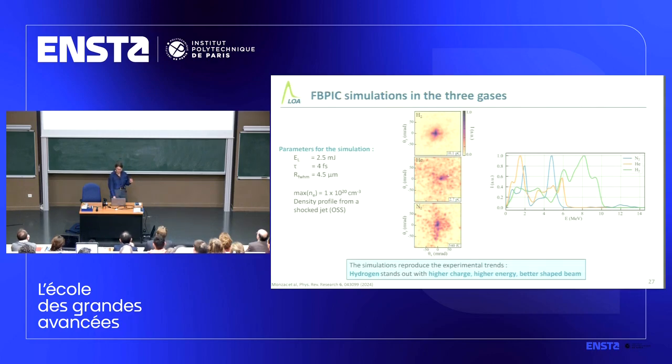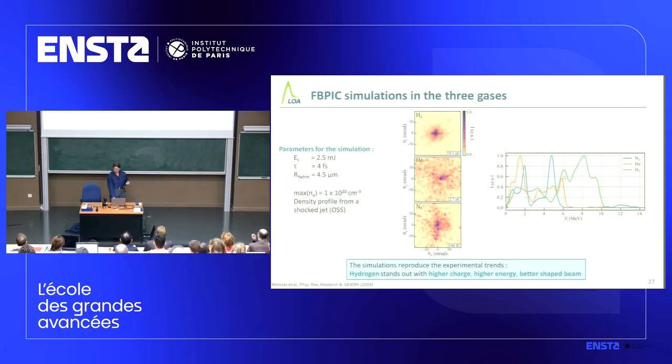Here you see the beam profile of the electrons in the simulations for different gases. So first line for hydrogen, then helium, and finally nitrogen. Once again, you see that we have a beam profile which is better defined using hydrogen than using the two other gases, and we have higher energies using hydrogen, and we have higher charge using hydrogen.